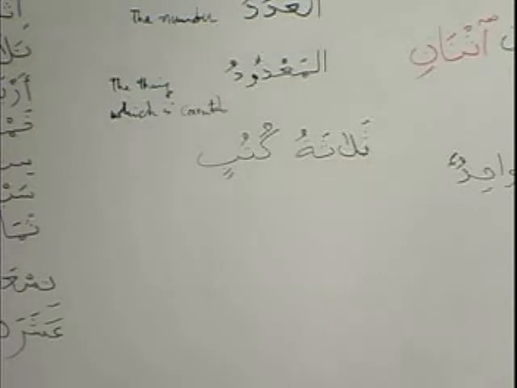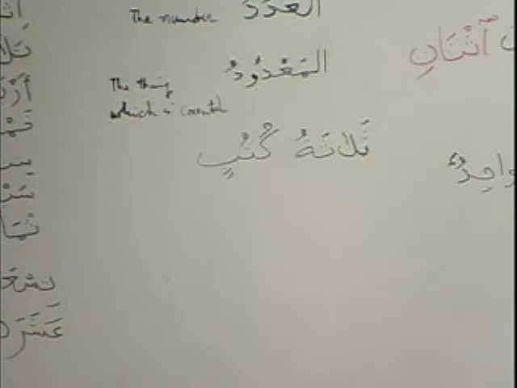I wrote down two nouns. Look at them. What do they resemble? They resemble mudaf ilayhi. Are you with me? They resemble mudaf ilayhi. So in other words, Brother Hassan, from 3 to 10, the construction is mudaf ilayhi.